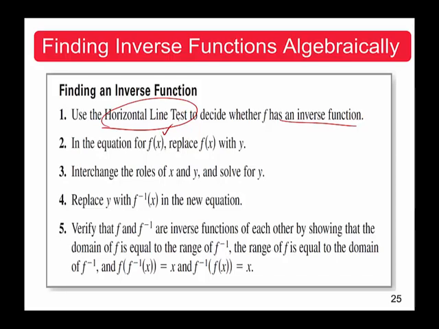First of all, step 1, replace f of x with y. Step number 2, interchange x and y, or interchange the roles of x and y. So y becomes x, x becomes y.